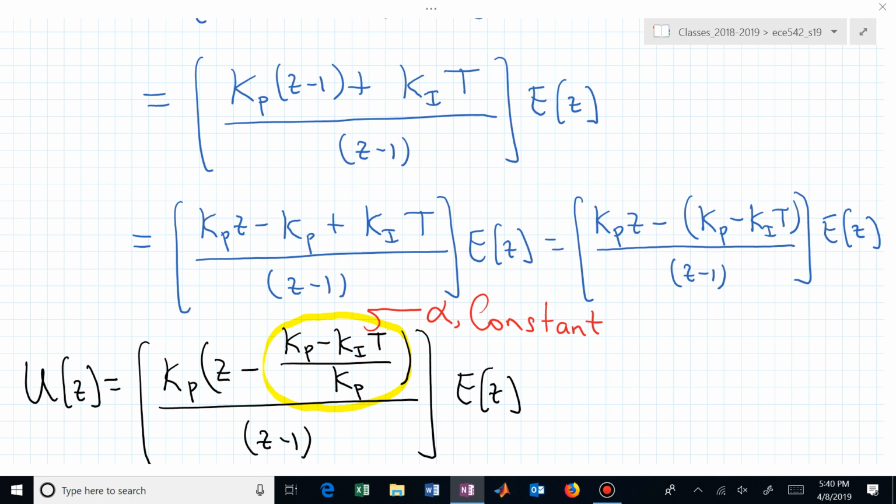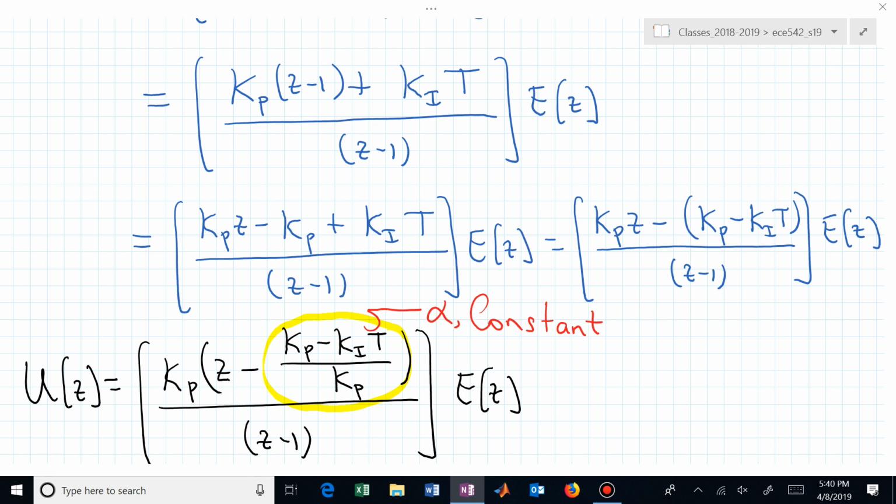Now I've scrolled up a few lines, but I'm simply combining the terms in the numerator, and then factoring out the scaling term on the z so that I can now see explicitly the zero factor.